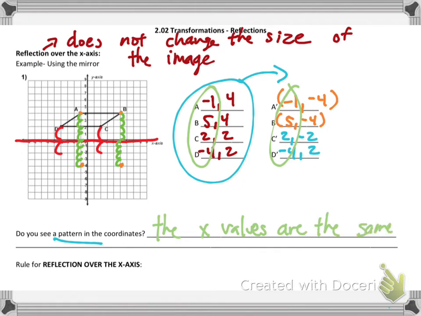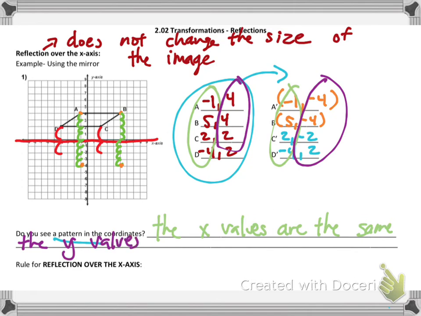I'm also going to notice that my y values look very similar. But what is the difference? That is correct. The difference is that they are multiplied by -1. So the y values are multiplied by -1.